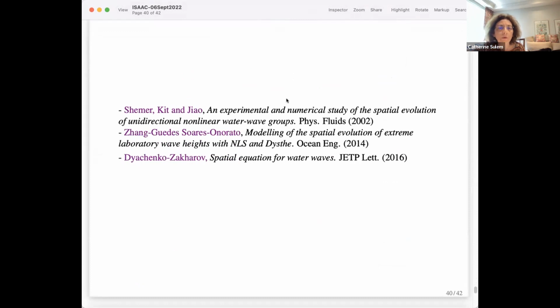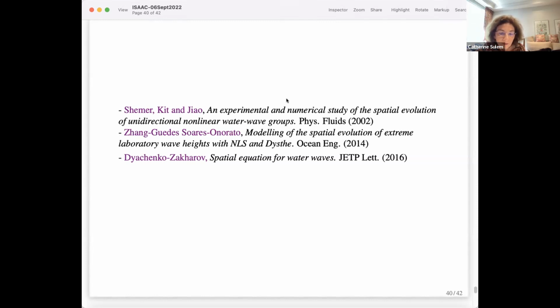We had numerical simulations of the Euler 3D, the calculation of Philippe Guyenne with his code of 2D and 3D Euler, and we compared the solution of the Euler equation with the approximated solution from a Hamiltonian Dysthe.